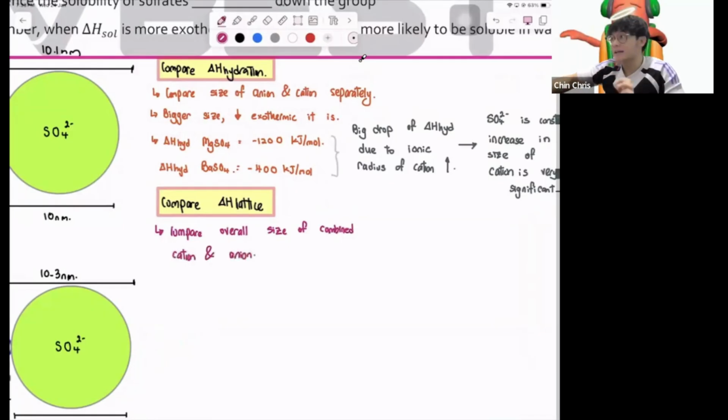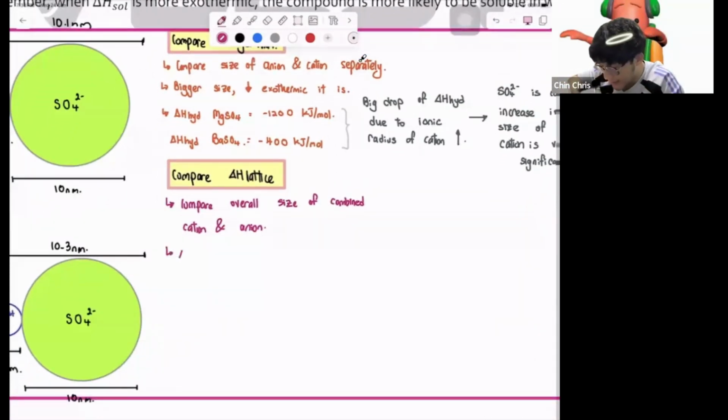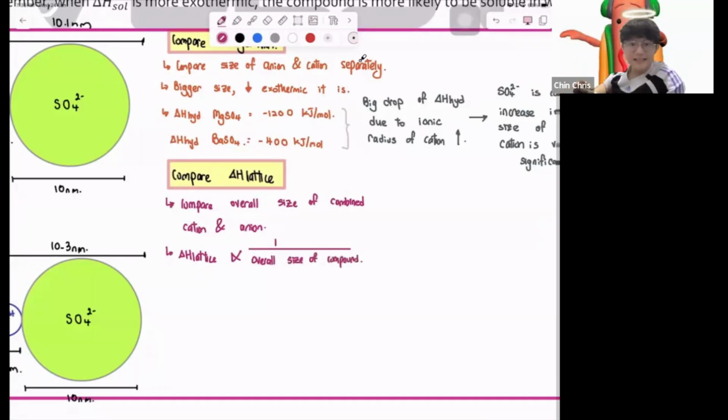Understand? So again, lattice energy is always overall. If you want to use inversely proportional, it is inversely proportional to the overall size of the compound. Understand? So that is delta H lattice.